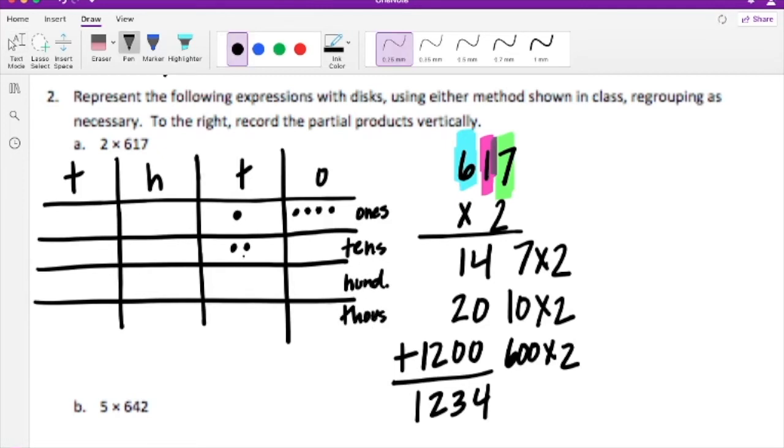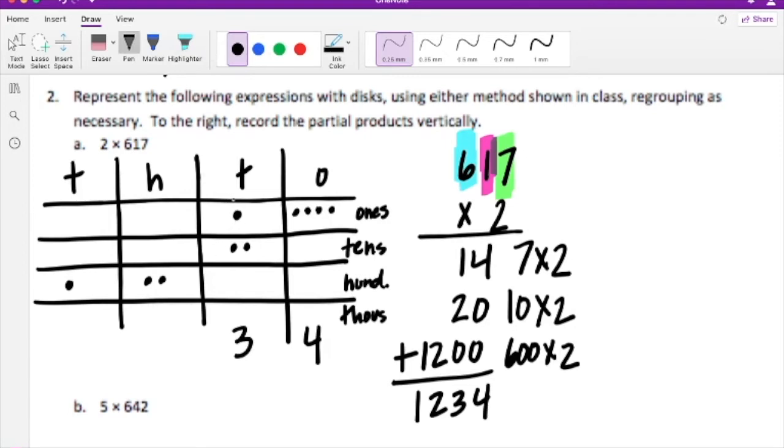All right. Then we multiplied 600 times 2. That was 1,200. Now I would just add the places here. Regroup if I need to, but I'm just adding. So we have 4 ones, 3 tens, right?